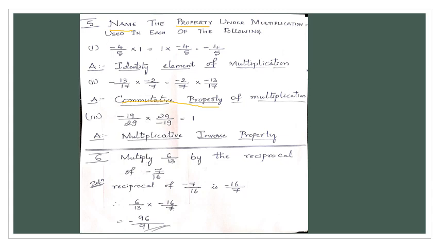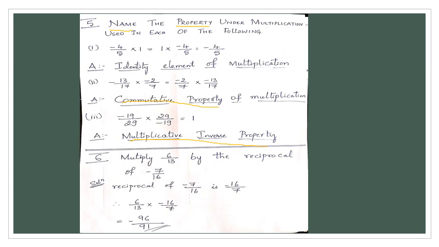Then, see children here, minus 19 by 29 into 29 by minus 19 means numerator and denominator cancel. We will obtain the product as 1. So the property used here is multiplicative inverse property. Children, now let us move on to the sixth main.